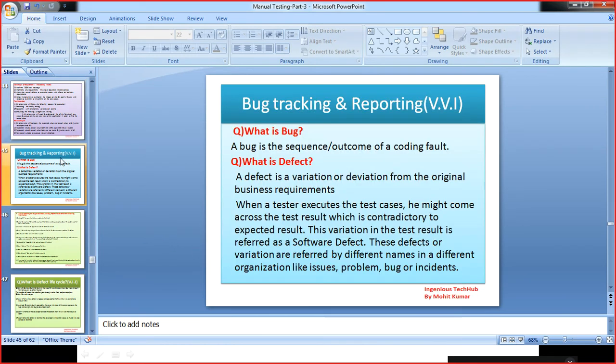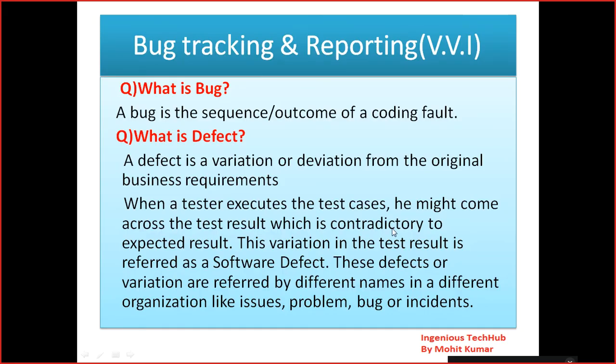That is called bug tracking or the defect life cycle. What is a bug or defect? A bug is the outcome of coding faults or mistakes by the developer, and a defect is a variation or deviation from the original business requirement. When a tester executes the test cases, he might come across a test result that is contradictory to the expected result.